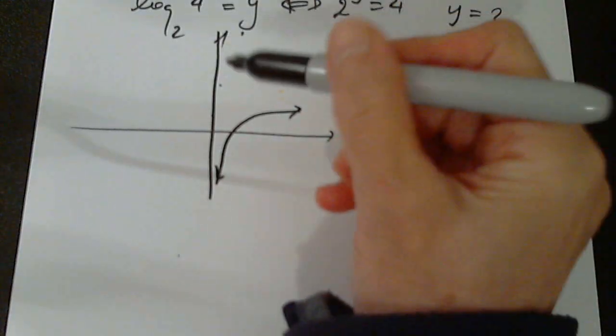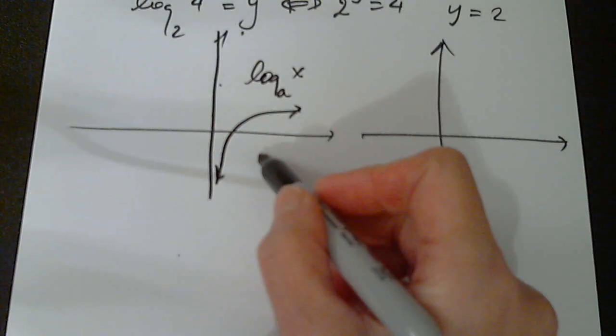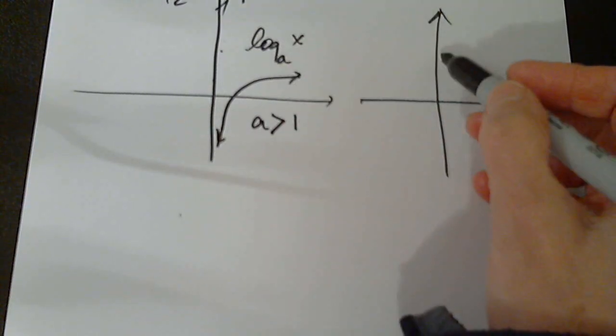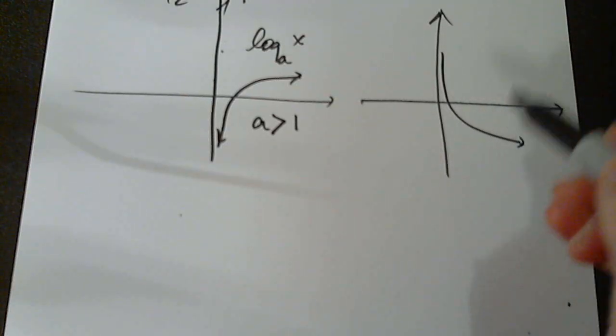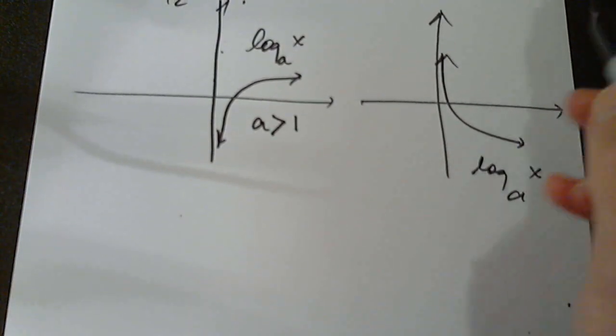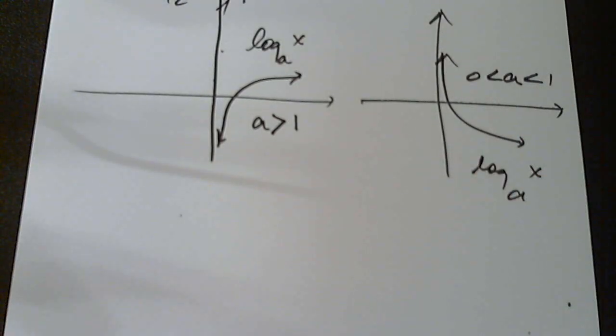This is it: log base a of x with a greater than 1. And the other one is log base a of x, but a is a tiny number between 0 and 1. These are the two shapes.